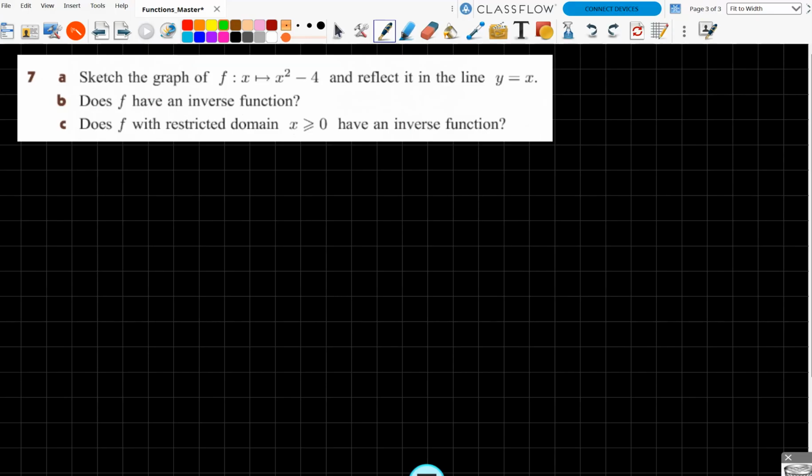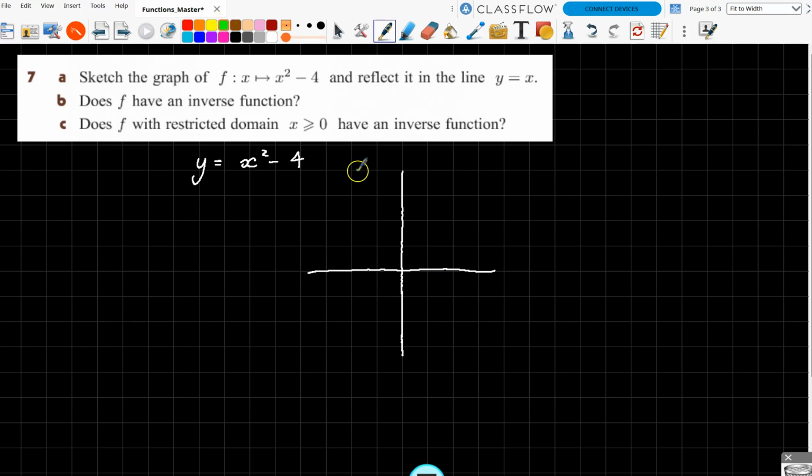Sketch the graph of, and we're not getting bamboozled by that one. This is just y equals x squared take 4. And I'd like to think you do not need to go to your calculator for this. Why do we not need to go to our calculator? It's not exponential.